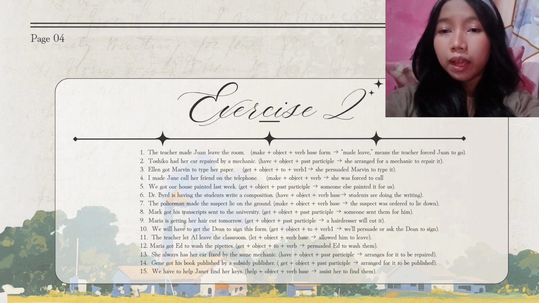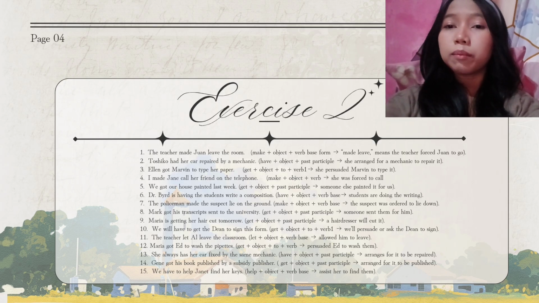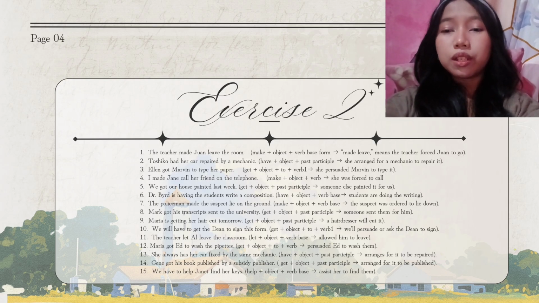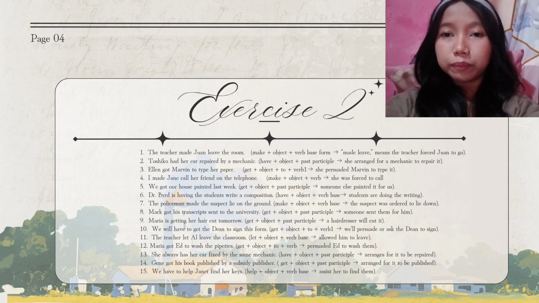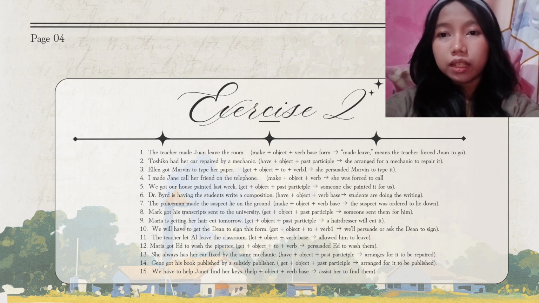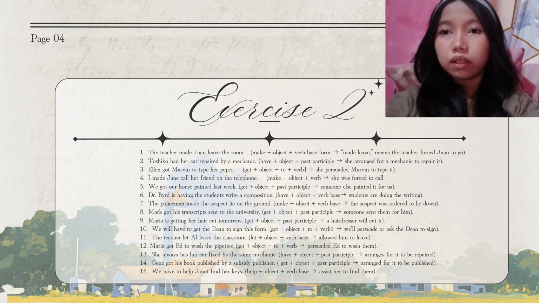The verb made means to force or cause someone to do something. Because the teacher didn't leave, Juan did, because the teacher made him do it. After make, the verb is always in base form, no need for to. The meaning is the teacher forced Juan to go out of the room.